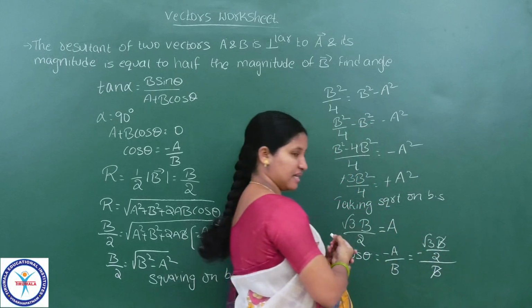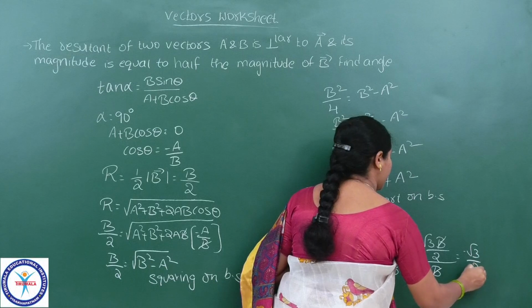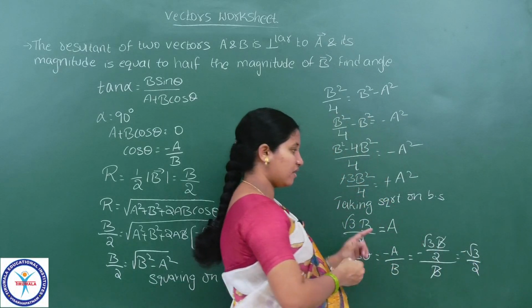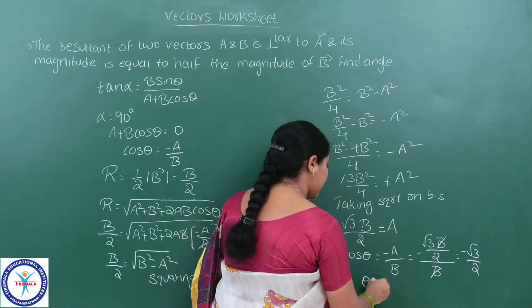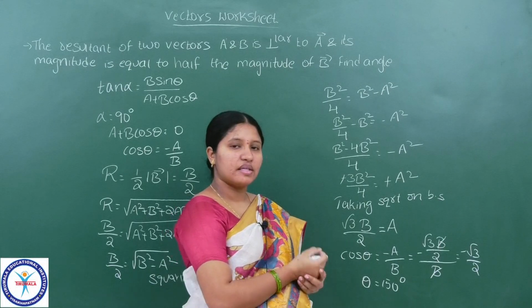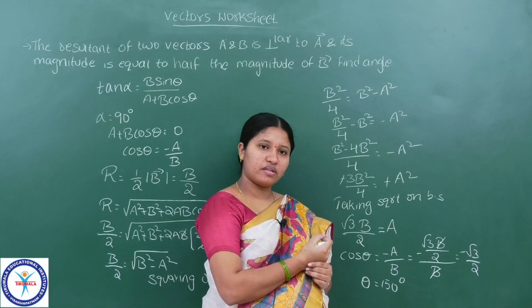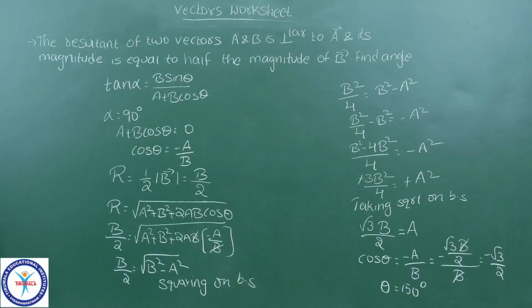B and b get cancelled, we get minus root 3 by 2. So, cos theta value is minus root 3 by 2, we get the angle theta will be equal to 150 degrees. Hence, the angle between given vectors a bar and b bar is 150 degrees.